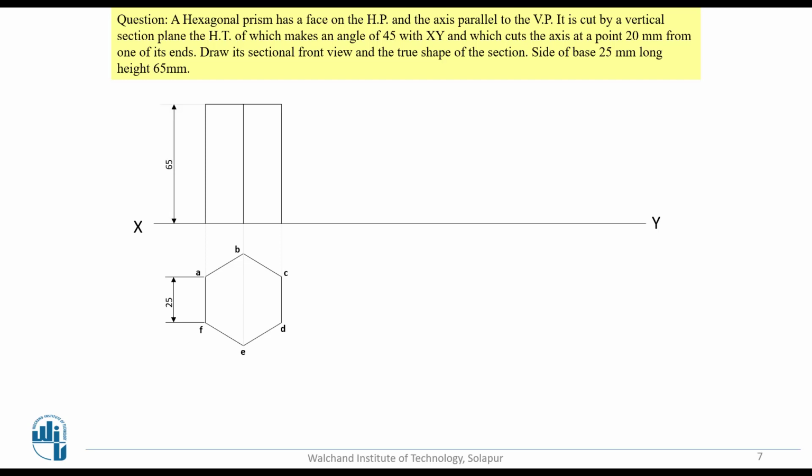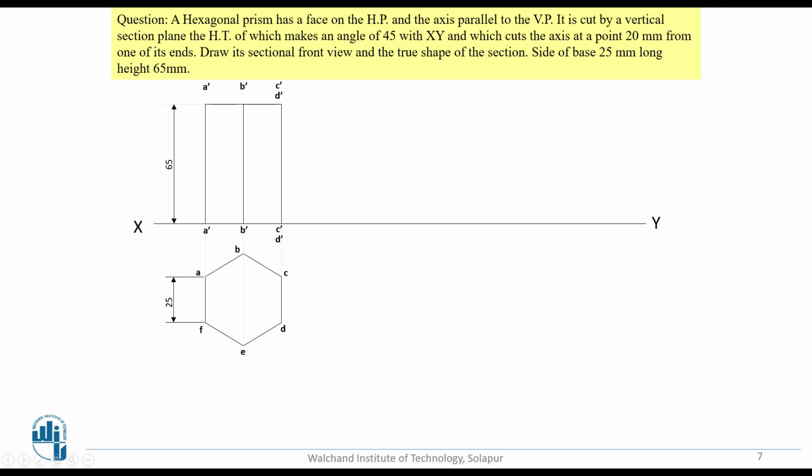Now in this problem: a hexagonal prism has a face on the HP and axis parallel to the VP, cut by a vertical section plane HT.